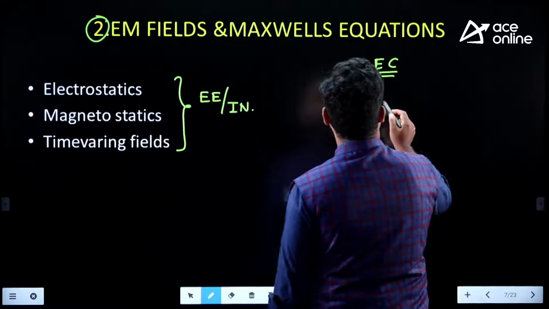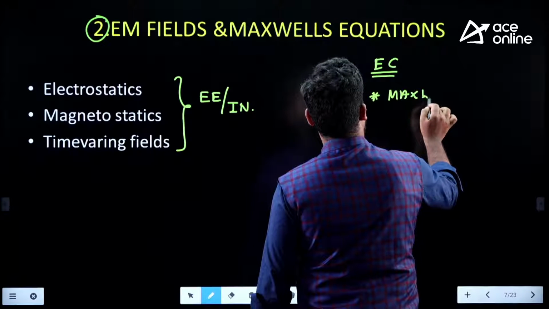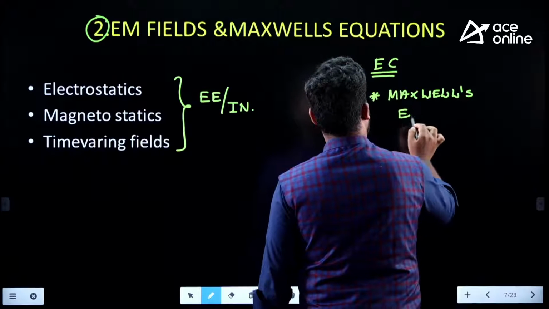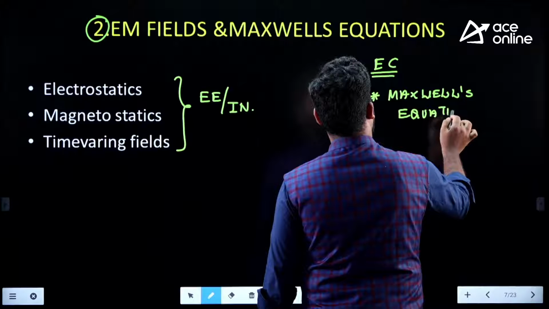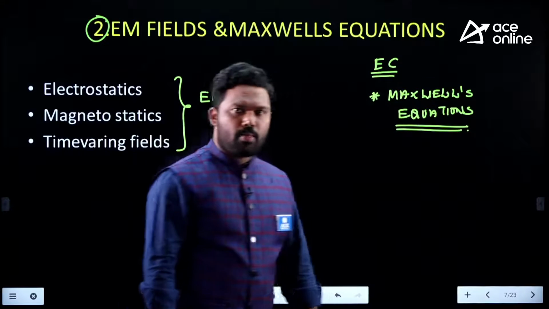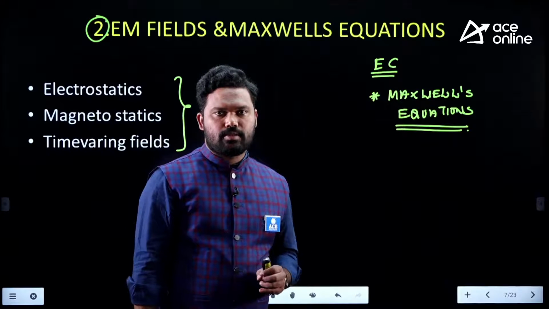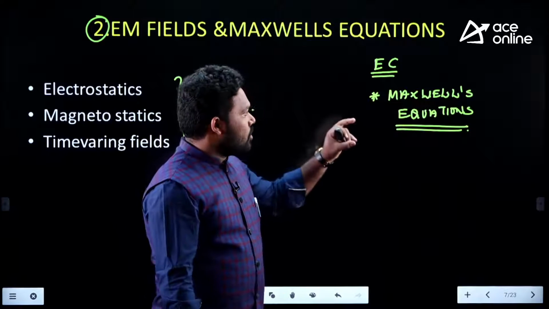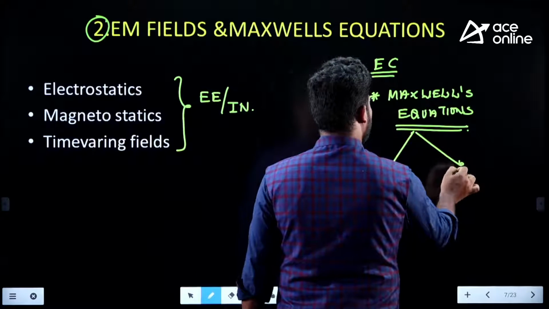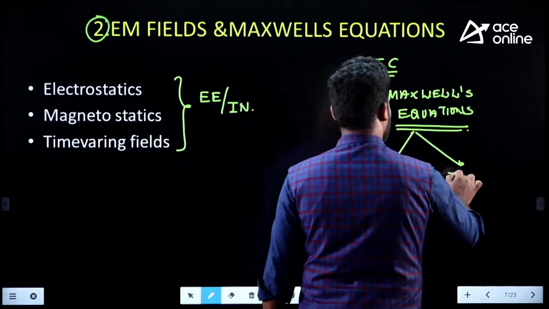Your interest must be on Maxwell's equations. Your objective must be Maxwell's equations. You should know the Maxwell's equations in the differential form as well as in the integral form.